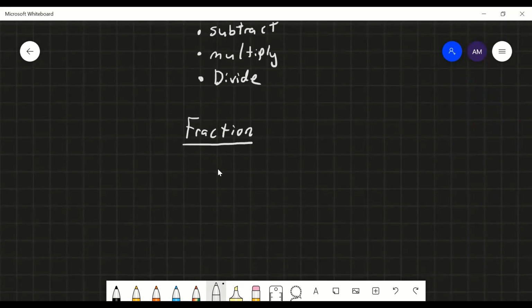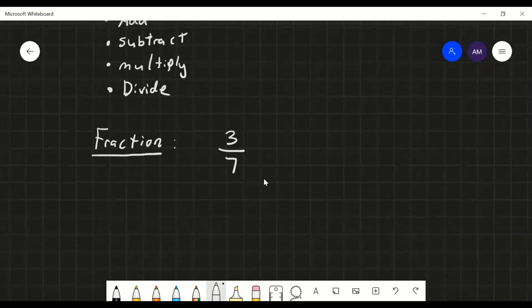All you need to know about fractions is that there's going to be some number on top of a fraction. I'll just make up an example here: 3 over 7. All that 3 over 7 means is, what if I were to take the top number, 3, and divide it by the bottom number, 7?